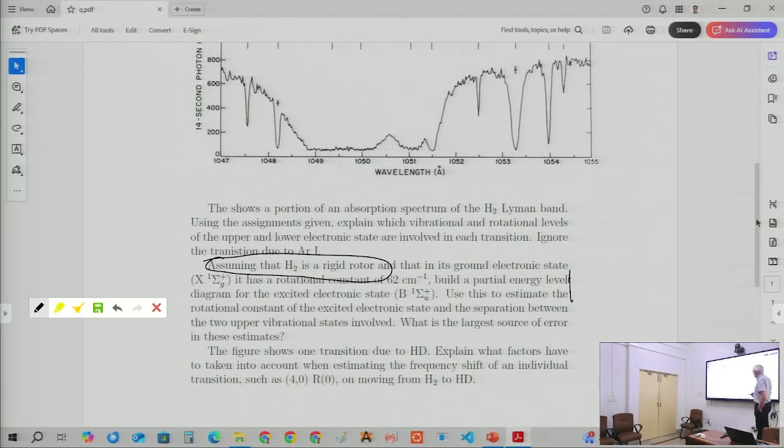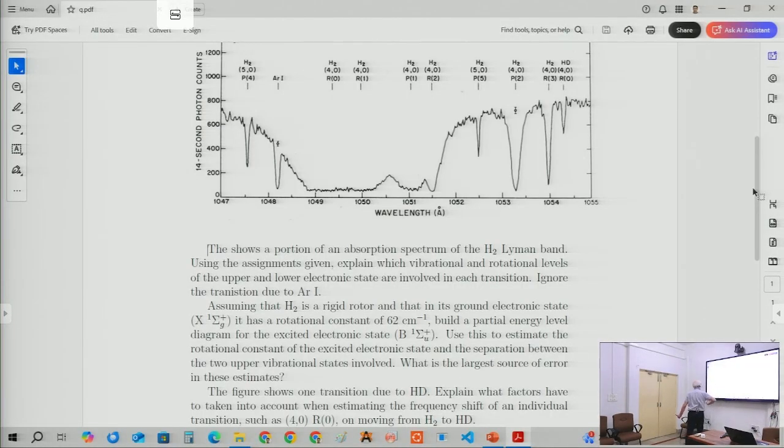The last thing is not a quantitative thing. We've got this HD line, and we want to estimate the shift from the H2 line. The HD line is R040 and the H2 line R040 is there.